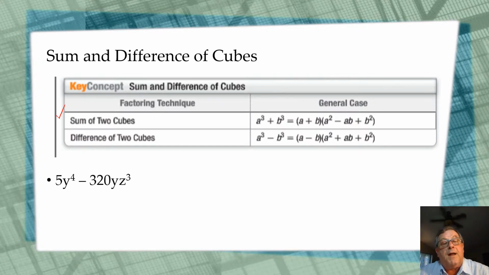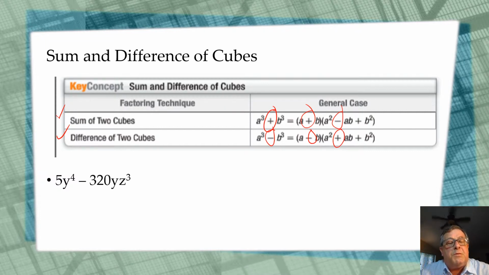And then also we can have a difference of cubes where we've got a cubed minus b cubed, and that equals a minus b times a squared plus ab plus b squared. It's interesting here, if we've got the sum of cubes, in our first factor we have a sum, but the middle term in our second factor is negative, and we see the opposite of that occur when we have a difference of cubes.